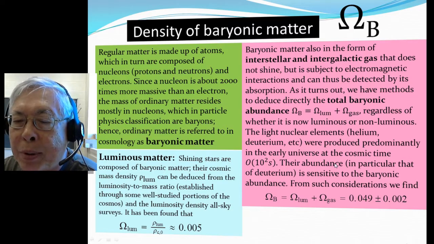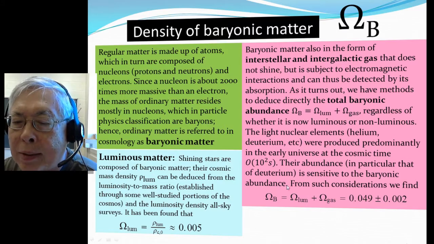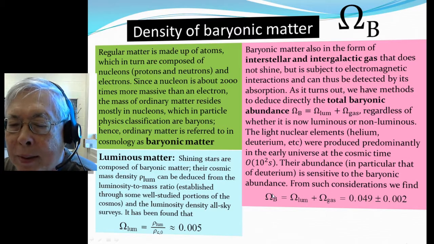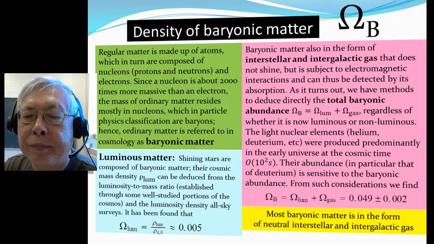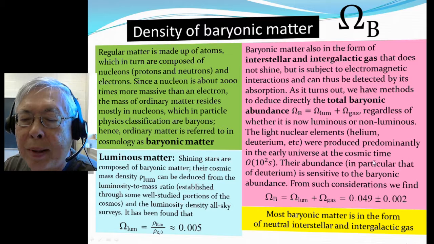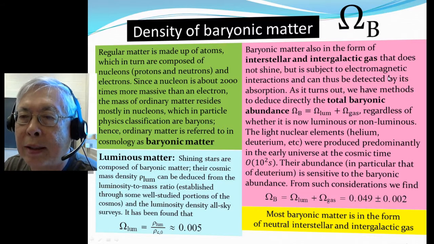The abundance, in particular of deuterium, is very sensitive to this baryonic abundance. From such considerations, which we will discuss later, you find that the total baryonic density, omega, is about 5%. So most baryonic matter is in the form of neutral interstellar and intergalactic gas.